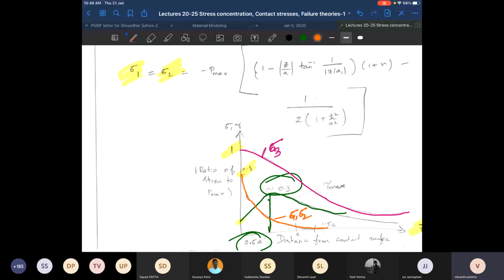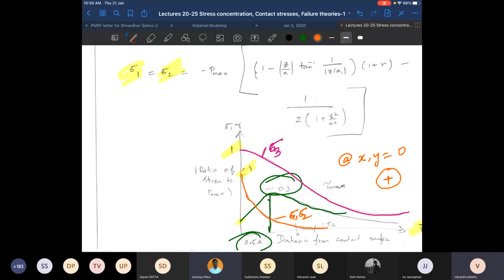So stress is mostly hydrostatic in nature on the top surface at the center point. All of this is at x comma y equal to 0. Won't it vary with x and y?